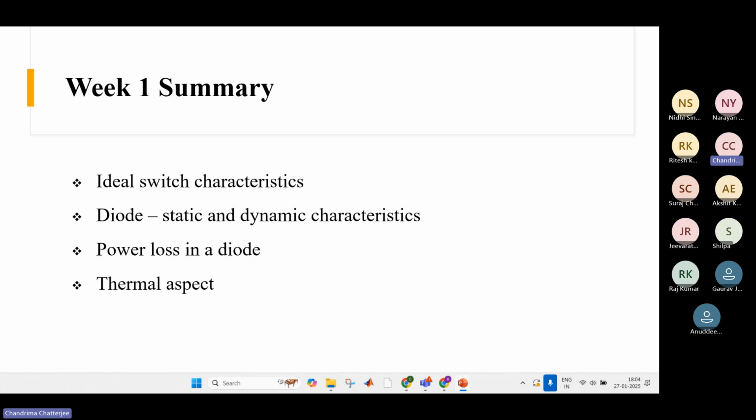We also studied the thermal aspect: if there is some power loss in the device, there will definitely be some temperature rise in the device. So how to cope with that, and how we can measure the different R thermal, like the R thermal at different junctions. And lastly, I think we also studied the different parameters that we see in the data sheet of a device, right?